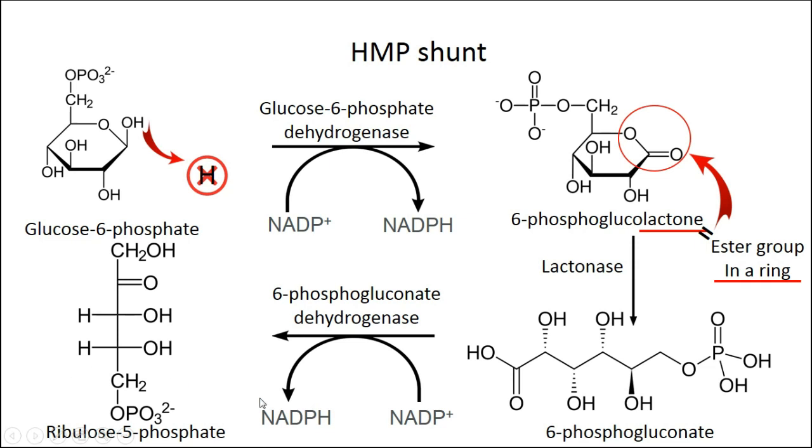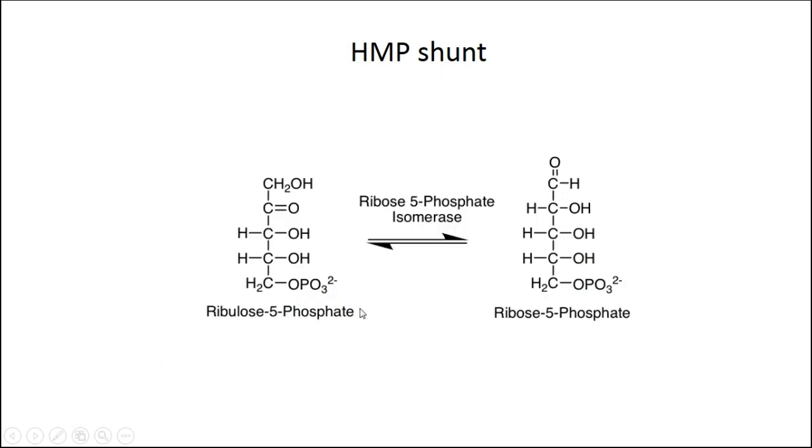And the ribulose 5-phosphate is an isomer of ribose 5-phosphate, which we talked about first in this video. And isomers means that they have the same number of atoms, but they are different in structure. So here is the ribulose 5-phosphate and the ribose 5-phosphate, and they are isomers. So we are going to use an enzyme called isomerase, and it's called ribose 5-phosphate isomerase.